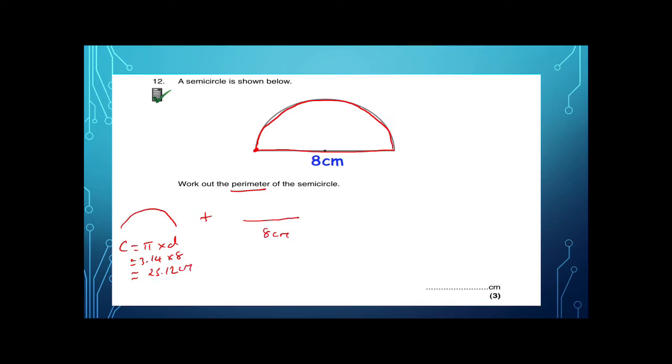But we don't want a full circle, we only want half of that, so we need to divide that by 2, and that gives us 12.56. We now need to add the 8 centimeters to that, and that gives us 20.56 centimeters. And if we were to round that to one decimal place, that would be 20.6 centimeters.